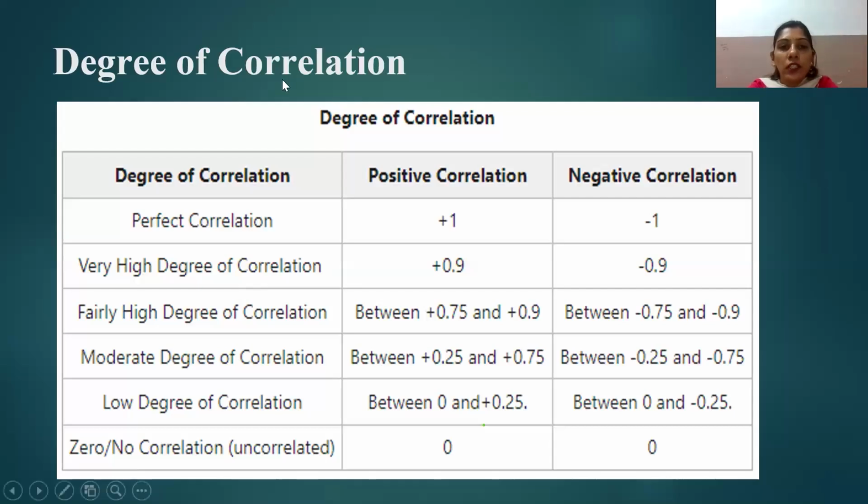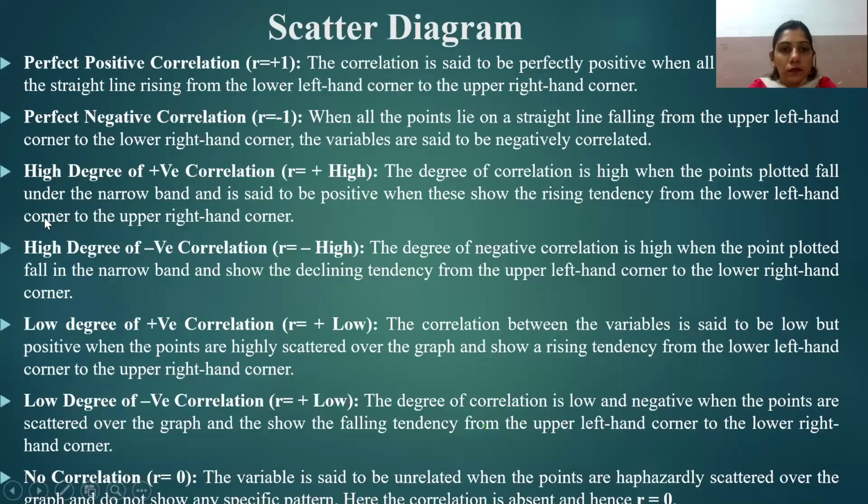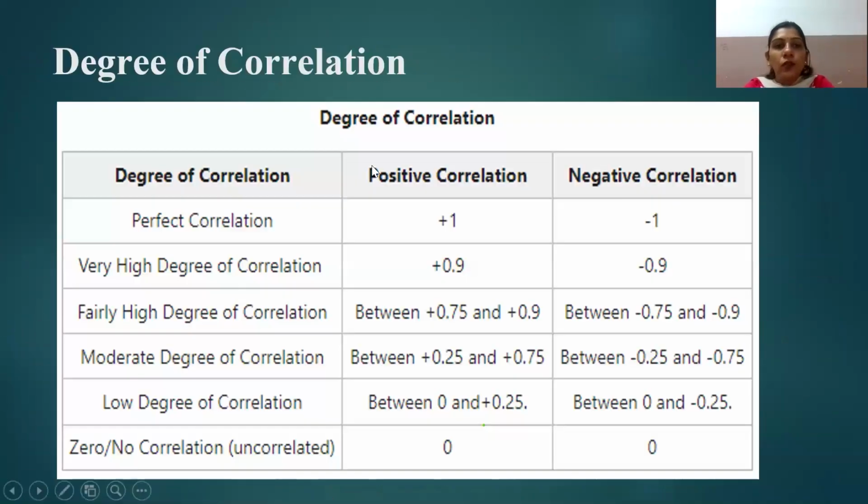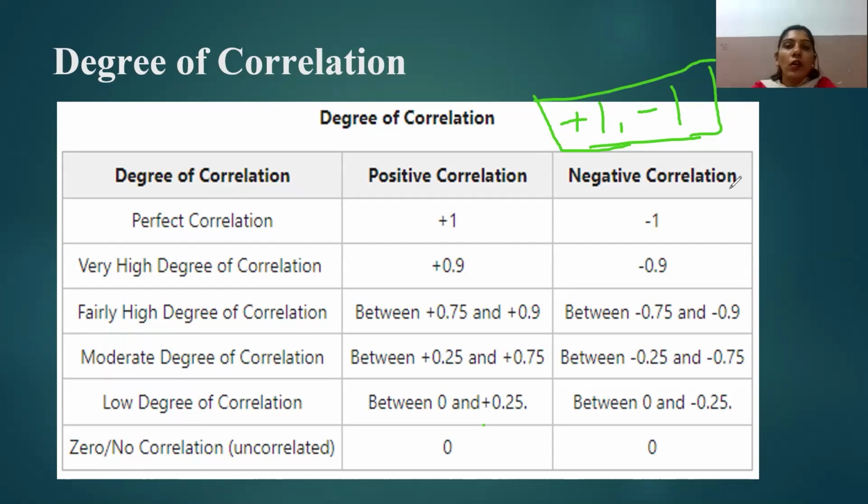Basically, correlation lies between +1 and -1. So correlation is said to be perfect when it lies between +1 and -1. Okay, so first of all, what is perfect correlation?